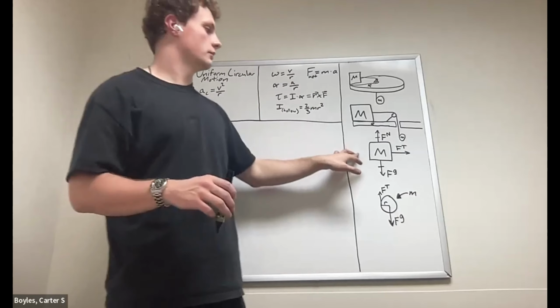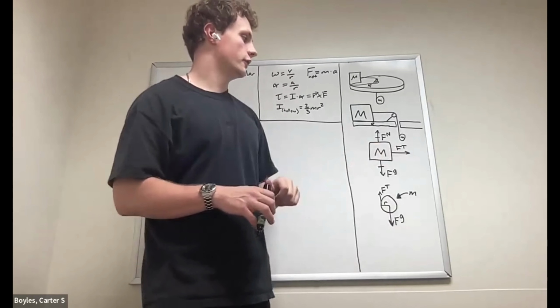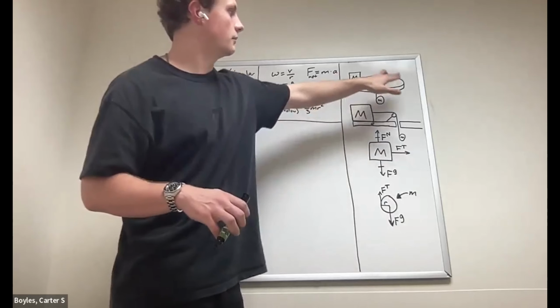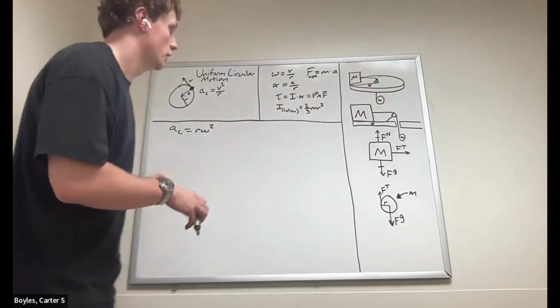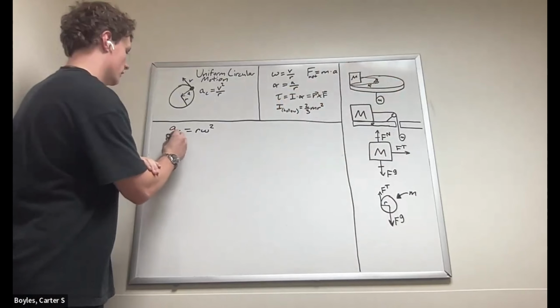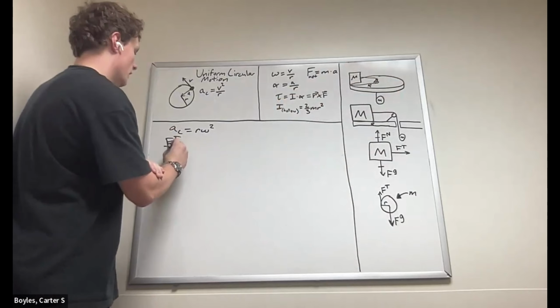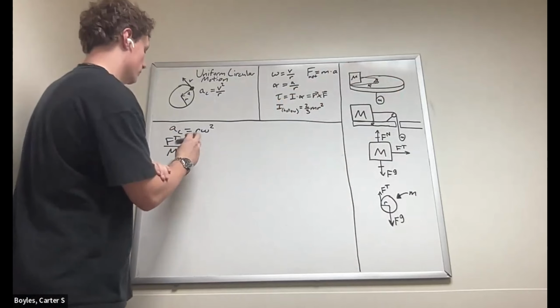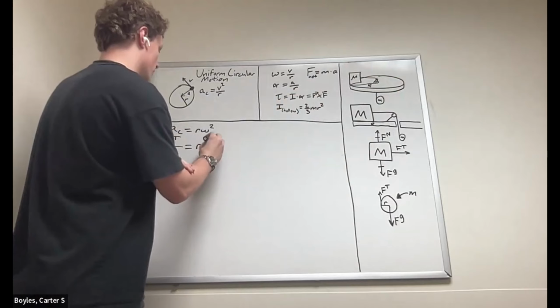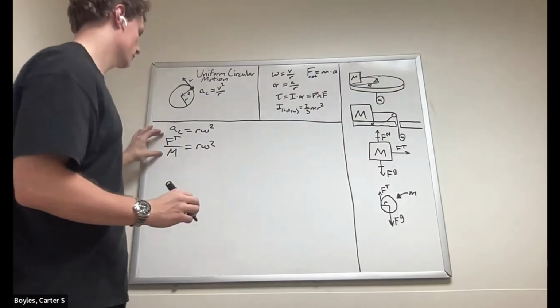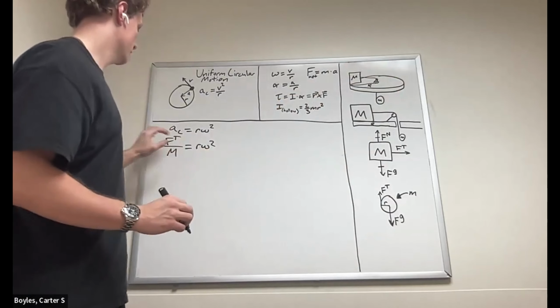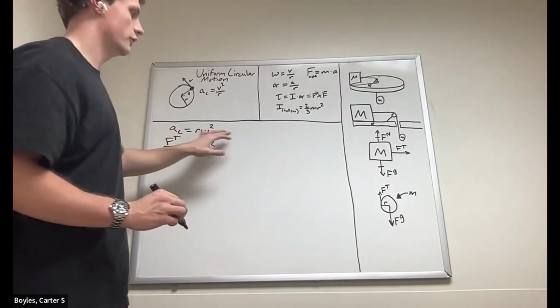And because the net force is just the force of tension acting on this object moving in circular motion, we know that the tension force divided by the mass of the block is equal to r ω squared. So to solve for the angular velocity, we need to solve first for the force of tension.